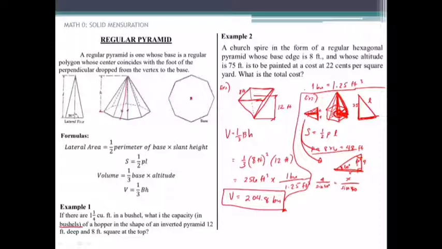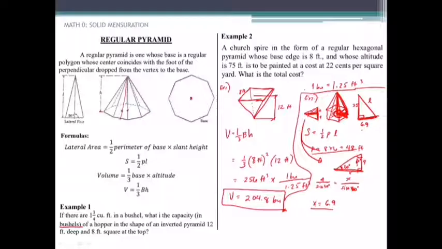This is 60. So therefore our x now is 4 sine 60 divided by sine 30. So x is 6.9. Therefore we can now solve the slant height by using the Pythagorean theorem.